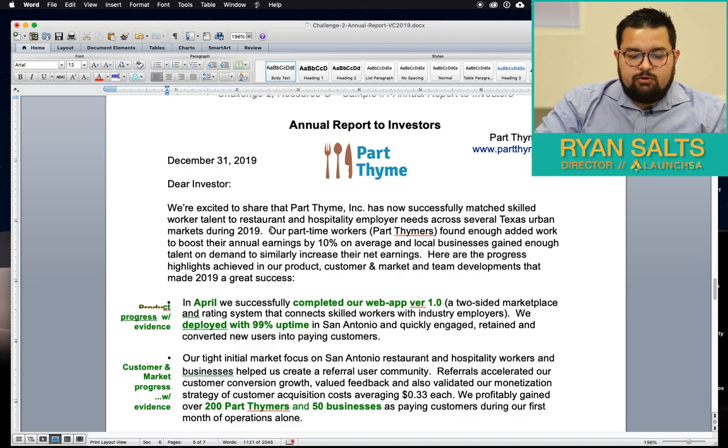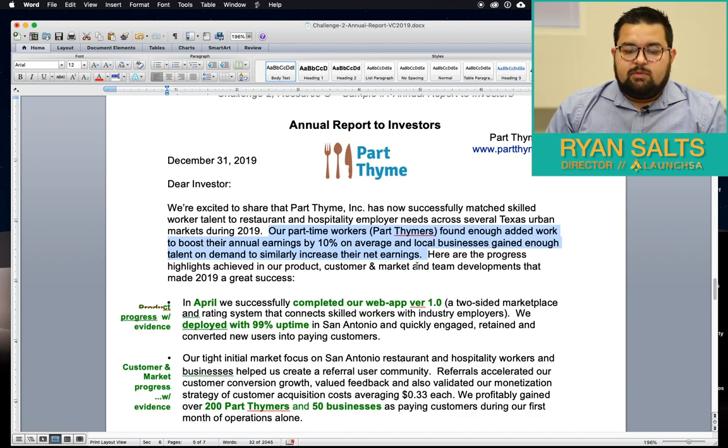Another statement that I put in this first paragraph, I put in as a nice to know. So the second sentence here: our part-time workers found enough added work to boost their earnings by 10% on average, and local businesses gained enough talent on demand to similarly increase their net earnings throughout that year. This is a nice to know statement. As you can tell, it doesn't tell you what I've earned as a business.